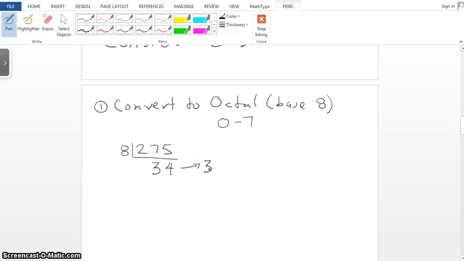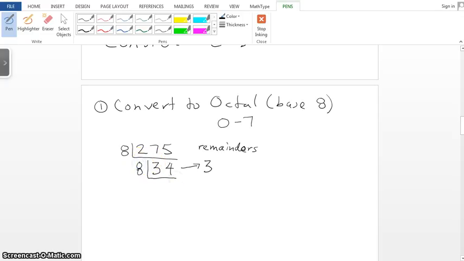Another way you can find the remainder is to take 8 times 34 and subtract it from the 275. That gives you your remainder out here. These over here are your remainders. All these digits are going to be your answers. Your remainders are going to be written right out here. So all we did was take 275, divide by 8, and the whole number part was 34, but the remainder is the answer that we're looking for.